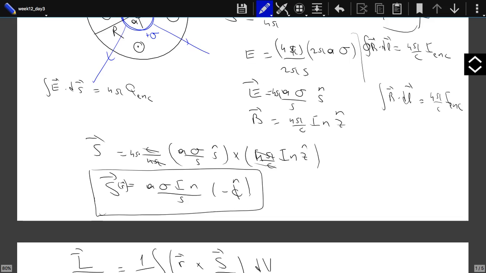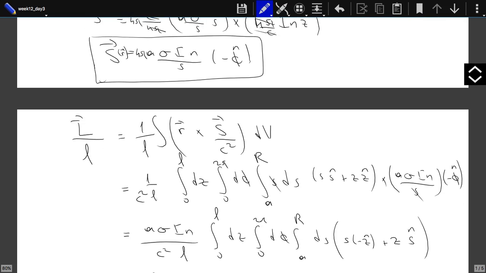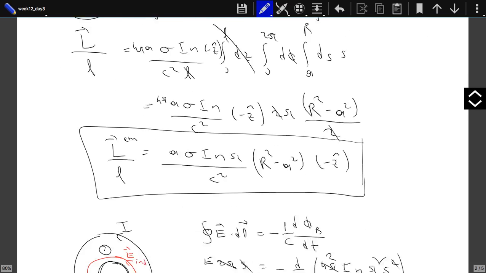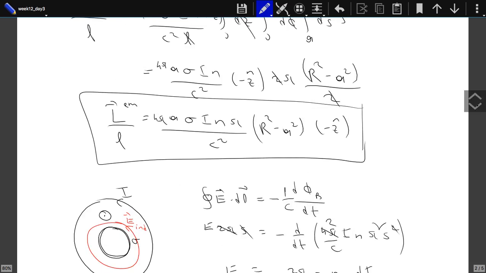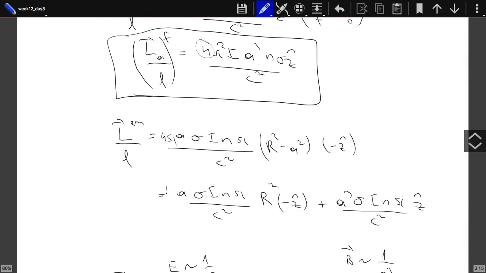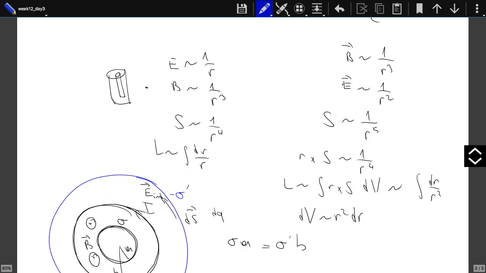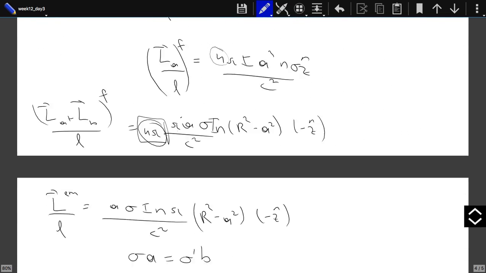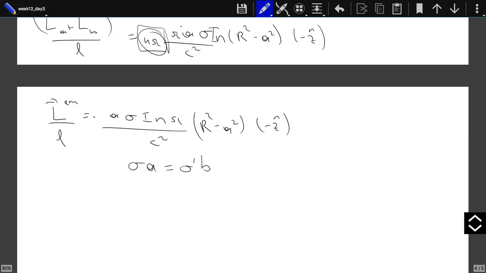So basically I forgot a factor of 4 pi in the electric field, so hence in the expression of S. Okay.